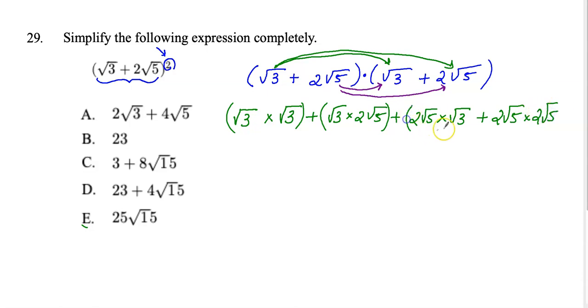I will put parentheses around this just to make it easier to read. So for that last part, I went 2 square root 5 times square root 3. I went 2 square root 5 times 2 square root 5. And I wrote that here. Now we just need to simplify this.